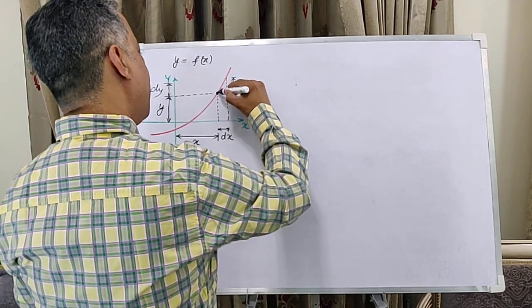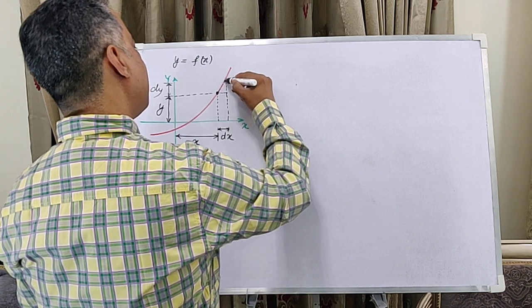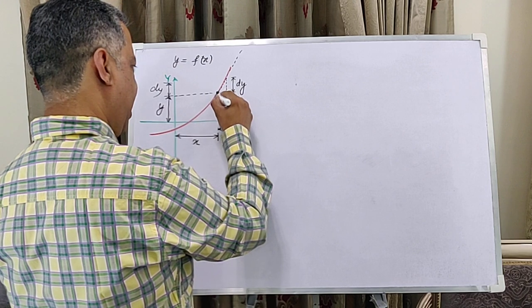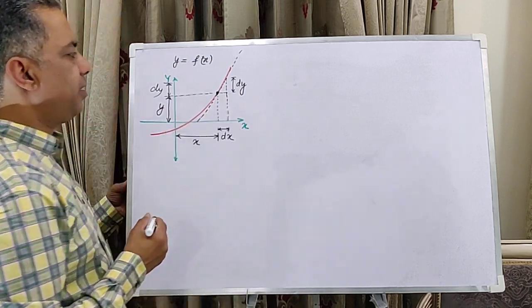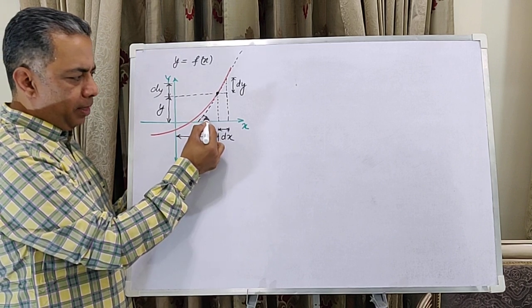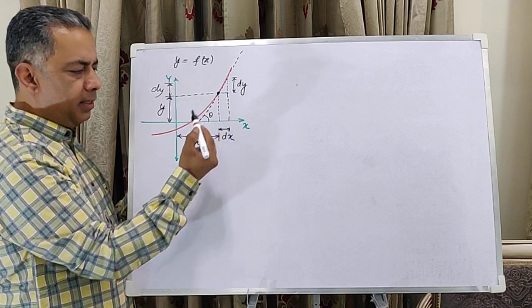Now we are going to try and have a look at the slope of this curve at this point. To do that, I draw a tangent at this point. I've done that. This is the tangent. Now the slope of the curve at point P will be tan of this theta.